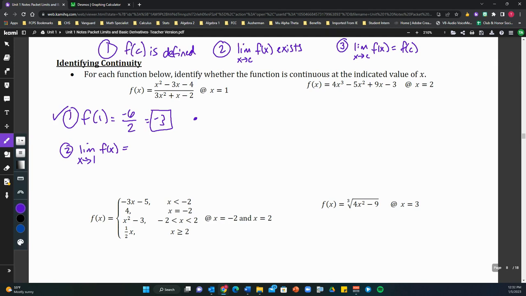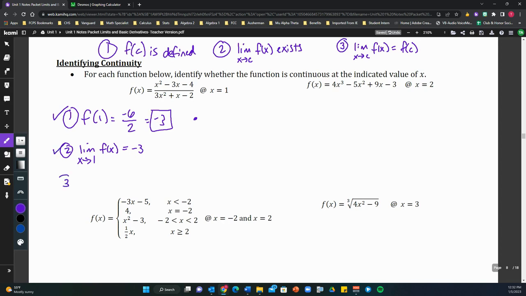But all these other function types that we work with, polynomials, radicals, rational functions, exponentials, logarithms, all of those guys, none of them really have any crazy broken pieces like a piecewise function does. None of those have those things naturally occurring. So it is safe for us when we check this first step, if we go to check the limit of one of those typical functions, we know that this limit is going to exist, and that's because direct substitution with this function works, and we would be getting negative 3 again.